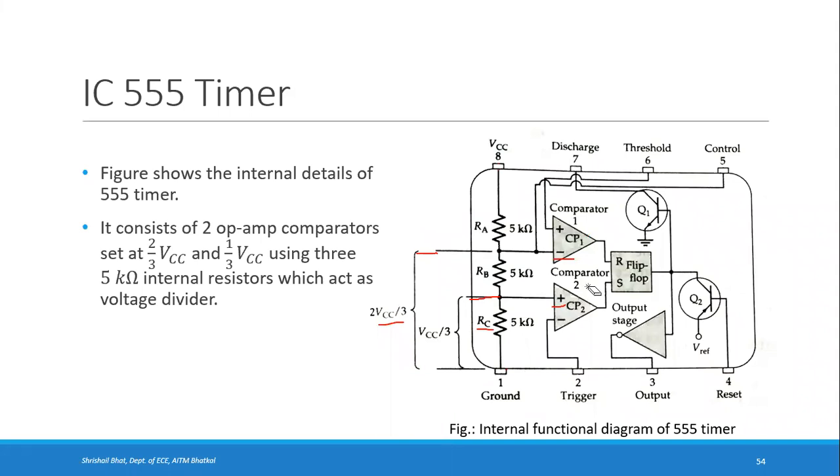Similarly, if the voltage goes lesser than VCC by 3, comparator 2 gets triggered.